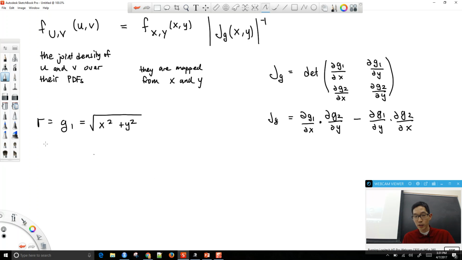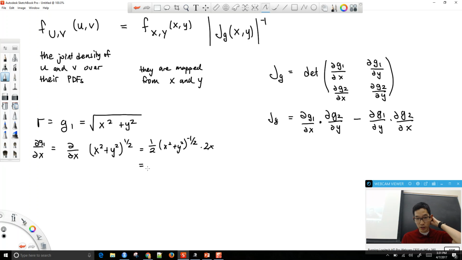If we do this, we get partial g1 with respect to x. This is the partial with respect to x of x squared plus y squared to the 1/2, and we get 1/2 times x squared plus y squared to the negative 1/2 times 2x.